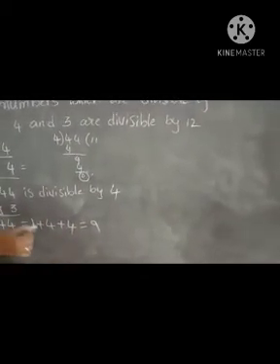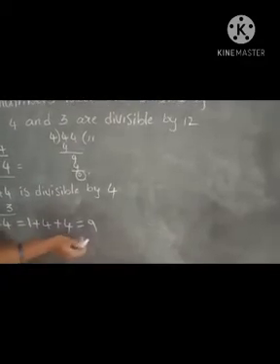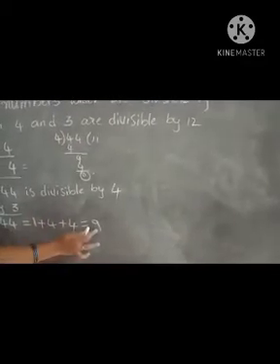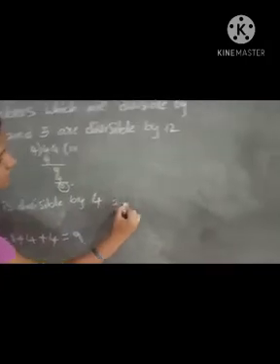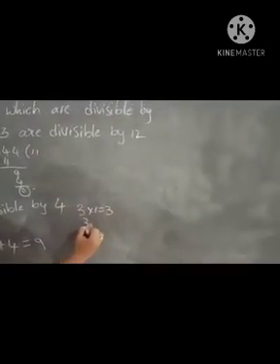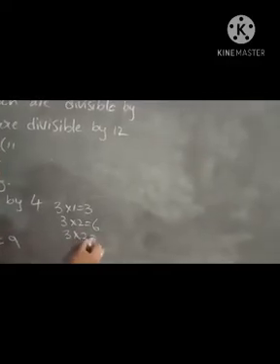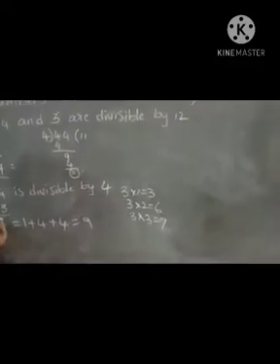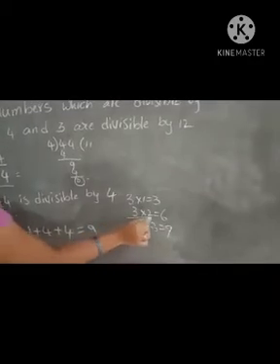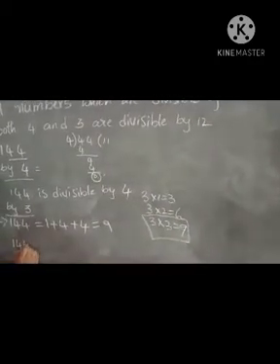What is the sum here? 9. In the 3 table, is 9 there or not? 3 ones are 3, 3 twos are 6, 3 threes are 9. In the 3 table, 9 is there.